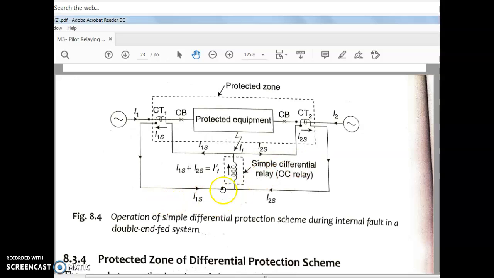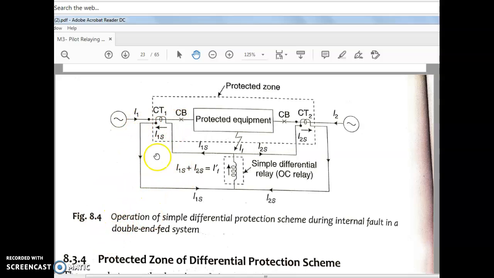So that much current, I1s plus I2s, whatever current is there, if it is more than the predetermined value, that extra current starts flowing through this operating coil. Okay. So here the right hand side current is I2. In case of an internal fault it is either very small or 0. The left hand current dominates the differential current.